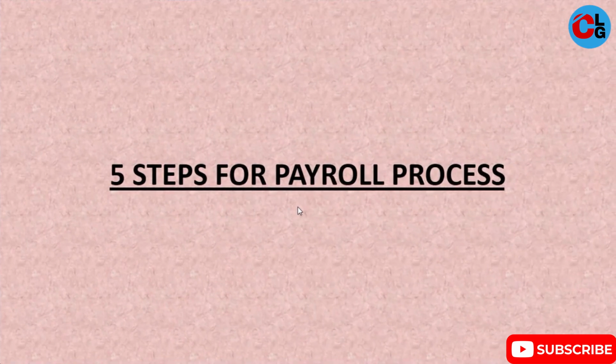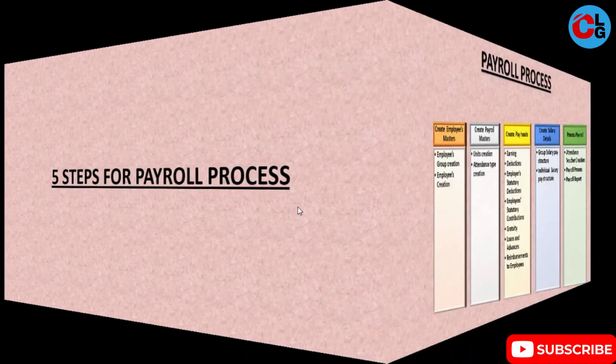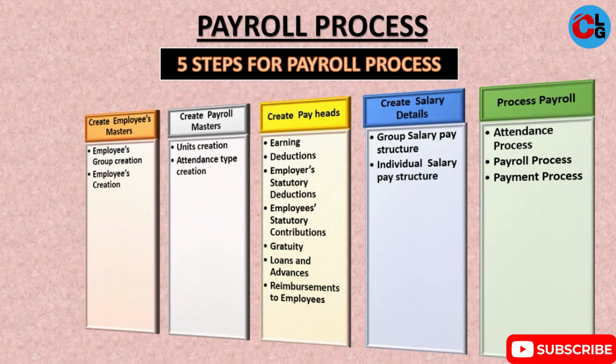Now we are going to look at the 5 steps for the payroll process in TallyPrime. If you want to work with payroll in TallyPrime, you need to do these 5 steps. It is very simple to process payroll in TallyPrime.